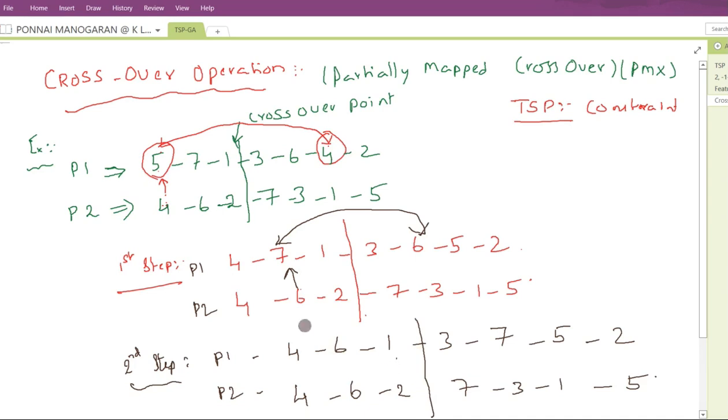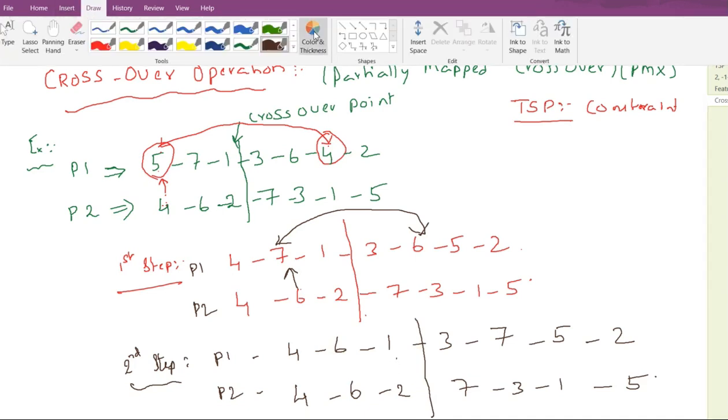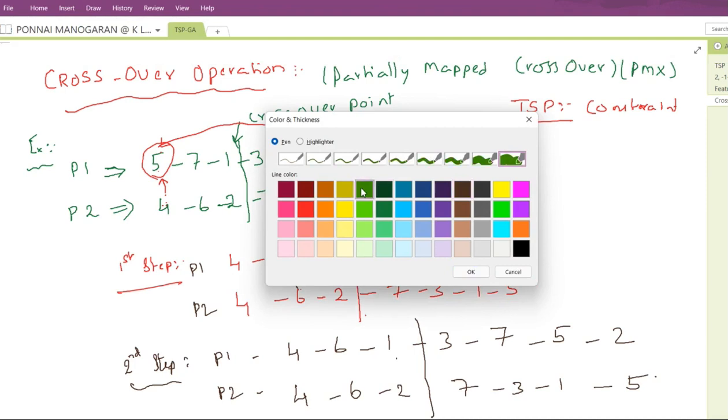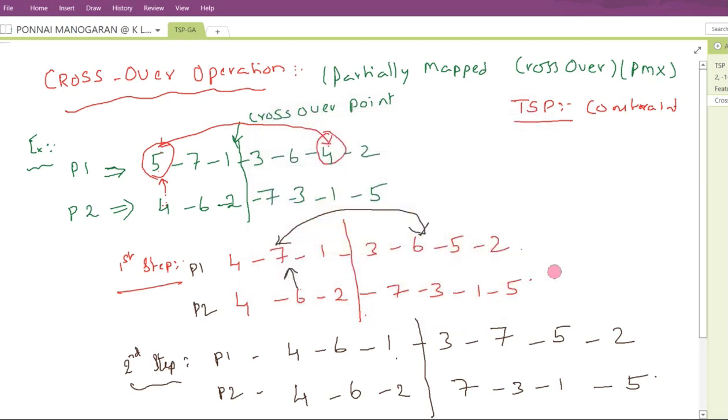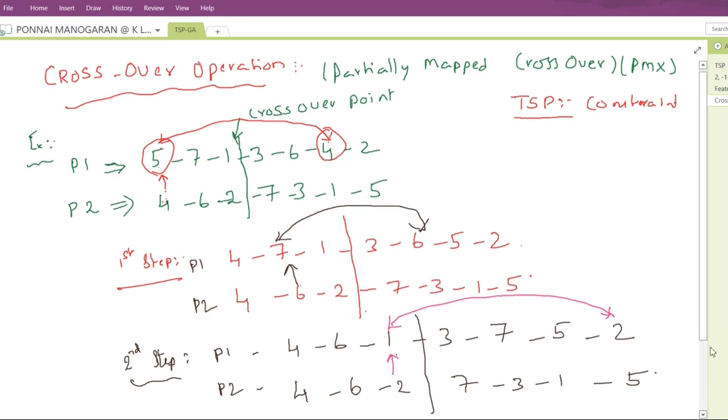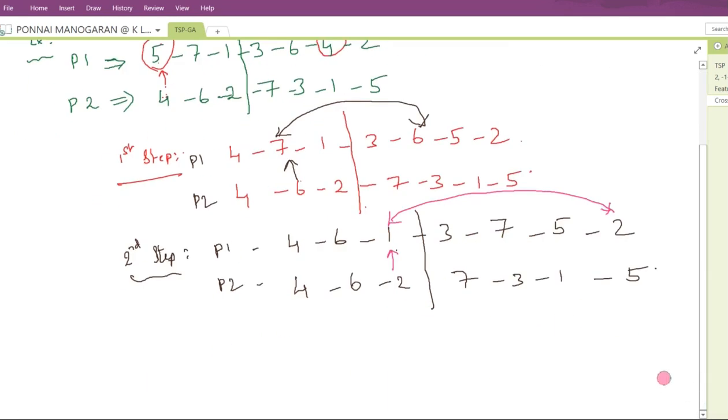Now the next target is you have to transfer 2. Let us see how we can transfer the 2. If you transfer 2, it will violate with this position, because you cannot visit the city more than once. So you swap the 2 cities 1 and 2, and after that you perform the swapping. Let us see the 3rd step.